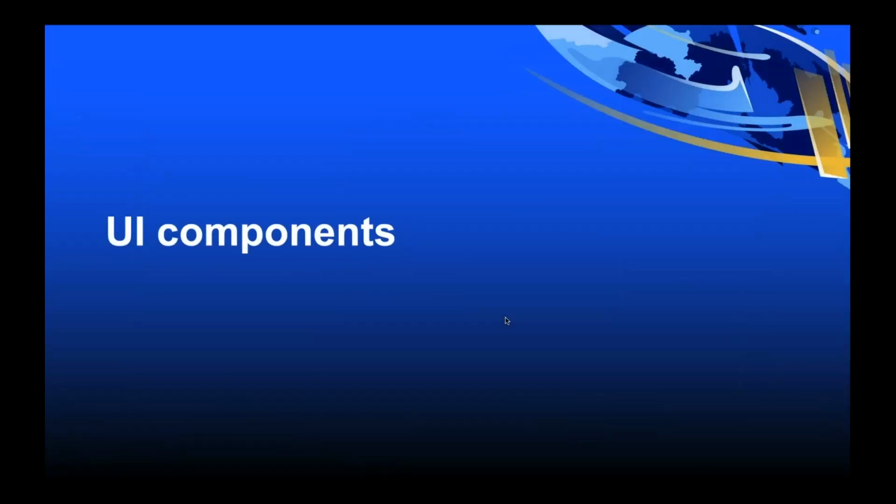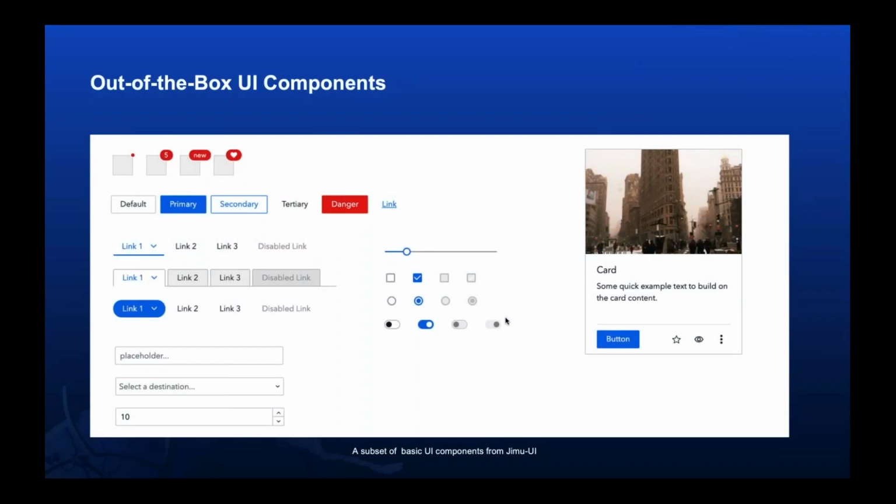Next, let's take a look at the available UI components from Experience Builder. Here is a simple screenshot showing some of the most commonly used UI components that you can already use in your UI development from Experience Builder's GMU UI framework.